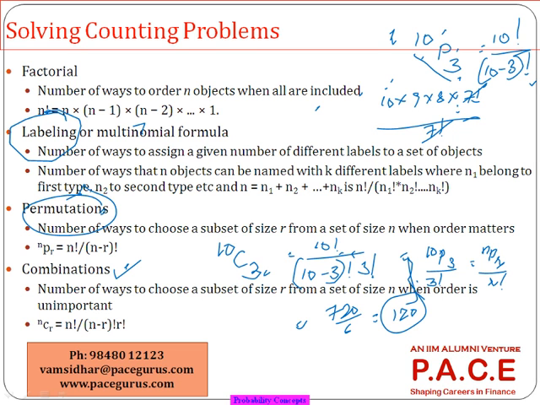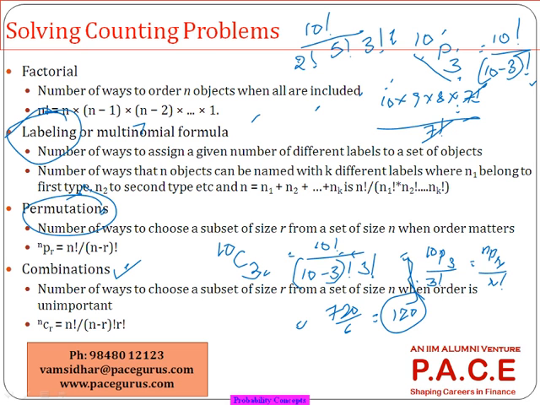Simple thing is, the same example I talked about, the 10 items, so 10 factorial, depending on what is the group size. One group consists of 2 elements, the other group consists of 5 elements, the other group consists of 3 elements, which can be done in these many ways: 10 factorial by 2 factorial into 5 factorial into 3 factorial.